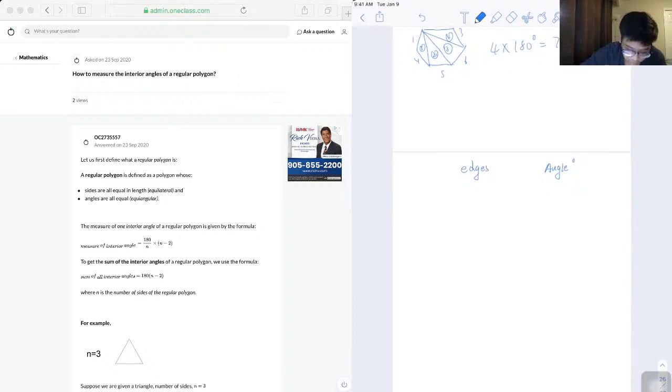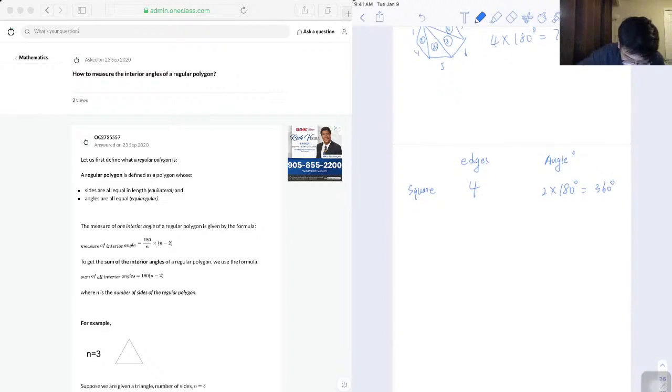So if we got a square, which means it has 4 angles, we will have an angle sum of 2 times 180, which is 360.